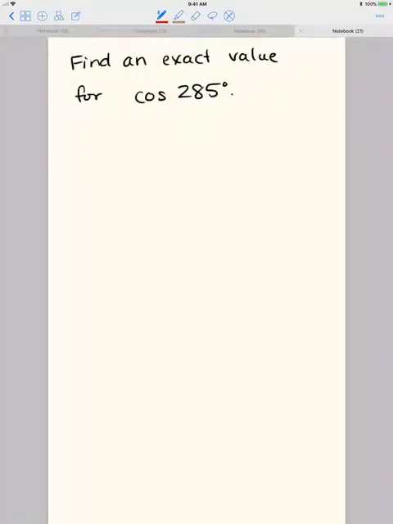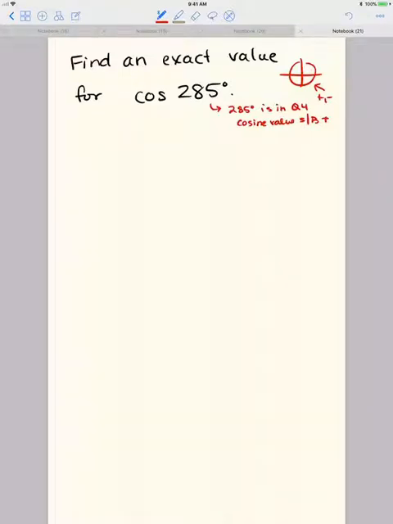All right. So for cosine of 285, again, just some notes. 285 degrees is in quadrant 4. Cosine value should be positive. Again, quadrant 4, where the points are positive, negative. Cosine is the x value. The answer should be positive. All right.